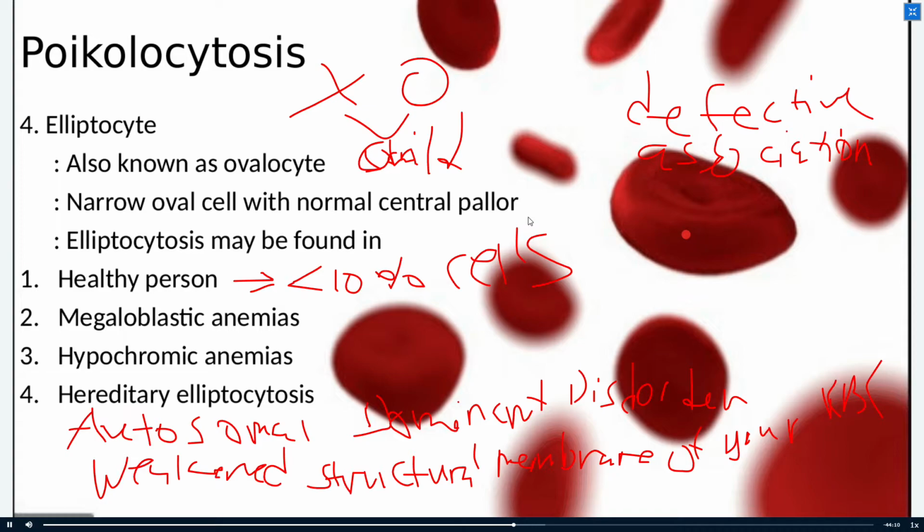Ano nagko-compose sa RBC membrane nyo? Sige, tingnan natin if naalala nyo. What composes your RBC membrane, class? Di ba tatlo yun? Tatlo yung parts ng RBC membrane niya.